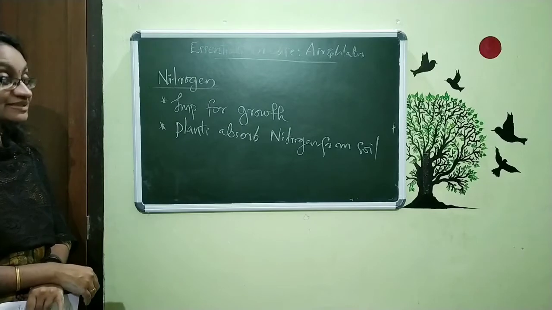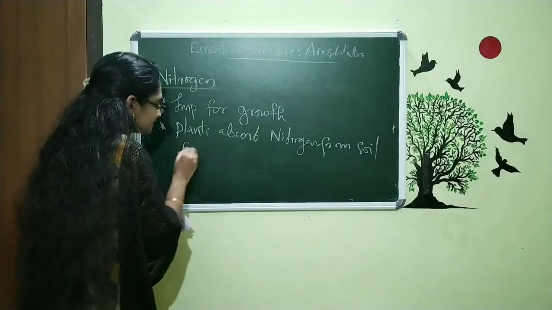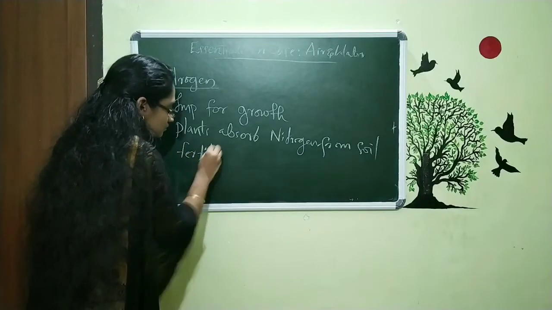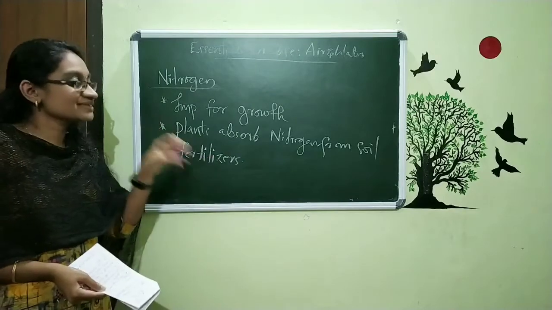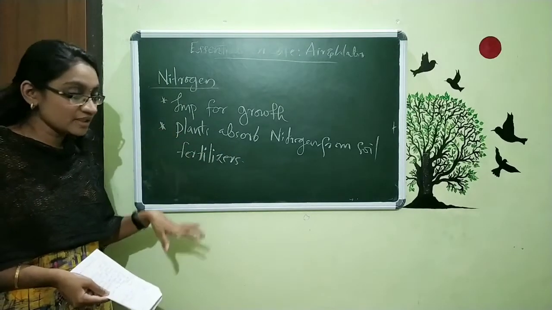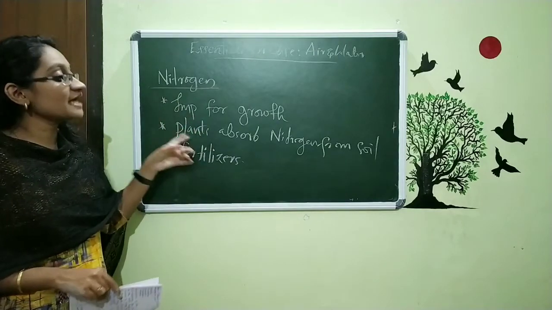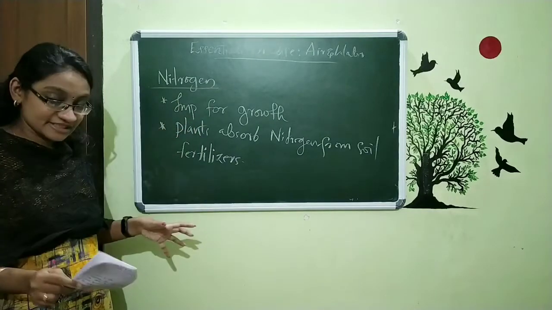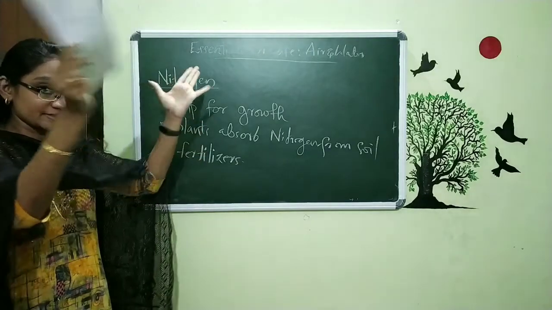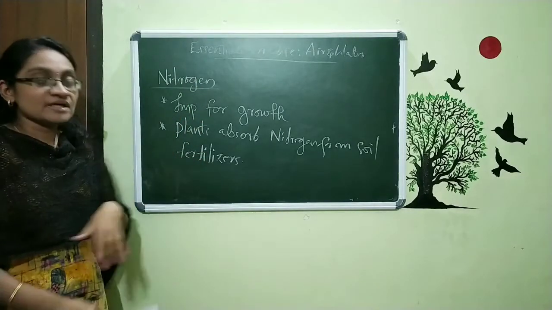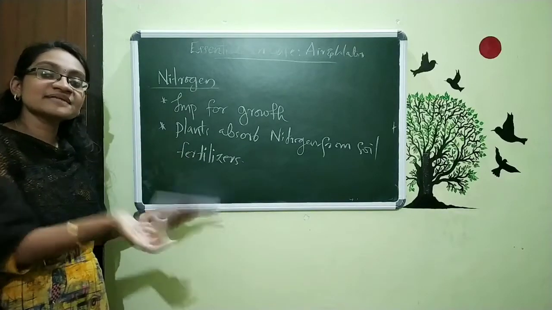We are giving this nitrogen through fertilizers. We put some sort of fertilizers on the soil, so the soil is mixed with nitrogen, and the plants absorb this nitrogen from the soil, and it moves towards the plants, their fruits, seeds, and leaves, and we take these plants as food.